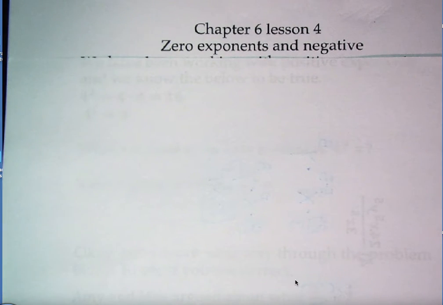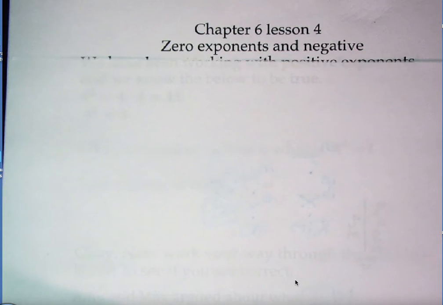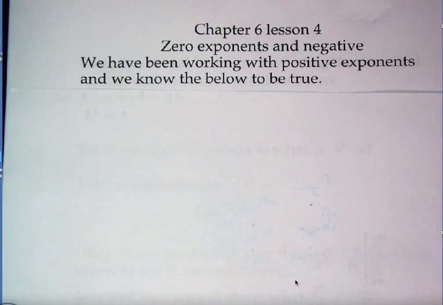What does that even mean, right? So this is what mathematicians did hundreds of years ago. They had to make sense of negative exponents and 0 exponents.